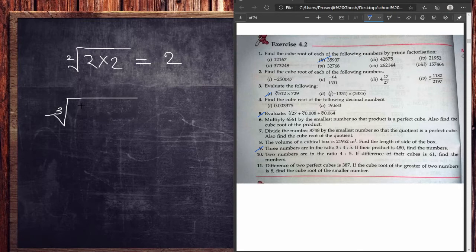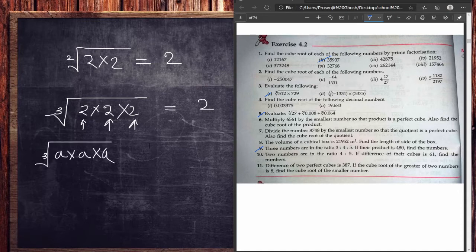If something is a product of the same number three times continuously, then we can find the cube root of this as 2. So what should be the formula? That is, the cube root of a into a into a should be equal to a.